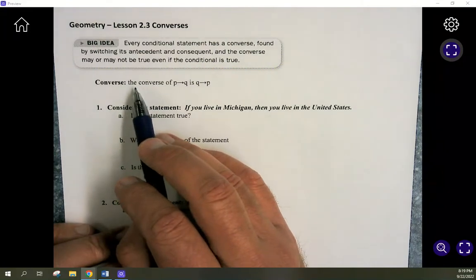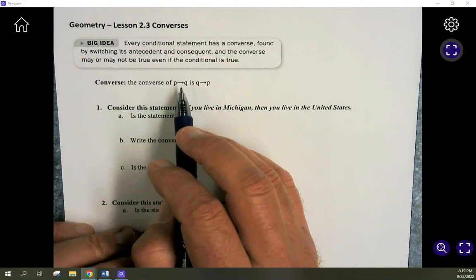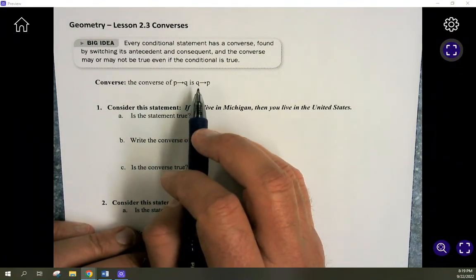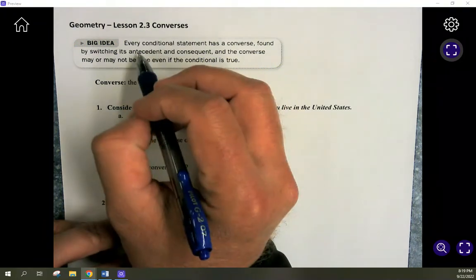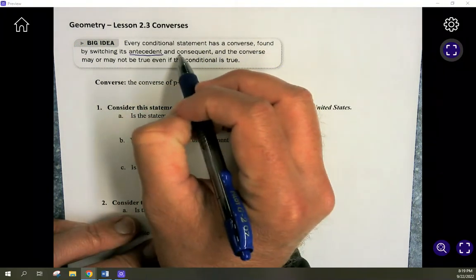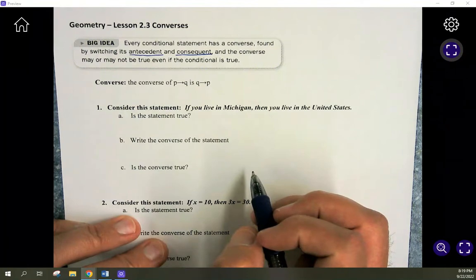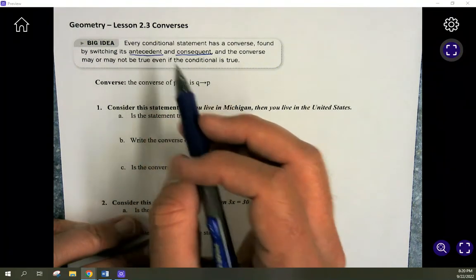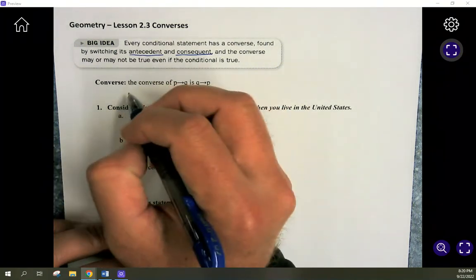When we look at what a converse is, the converse of if P then Q is if Q then P. We are switching P and Q, which represent the antecedent and the consequent.